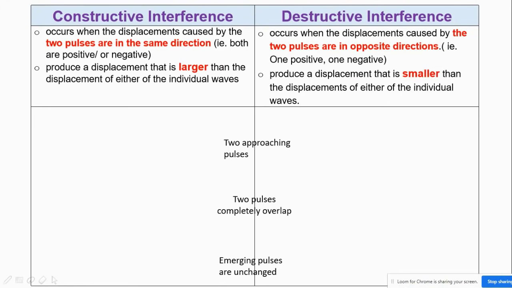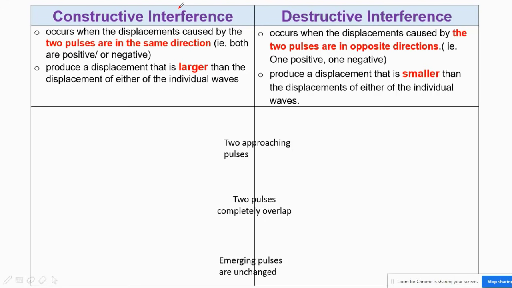So in this table, we are going to differentiate between constructive interference and destructive interference. Constructive interference occurs when the displacements caused by 2 pulses are in the same direction, for example, both are positive or both negative. Whereas destructive interference occurs when the displacements caused by the 2 pulses are in opposite directions, one positive and one negative.